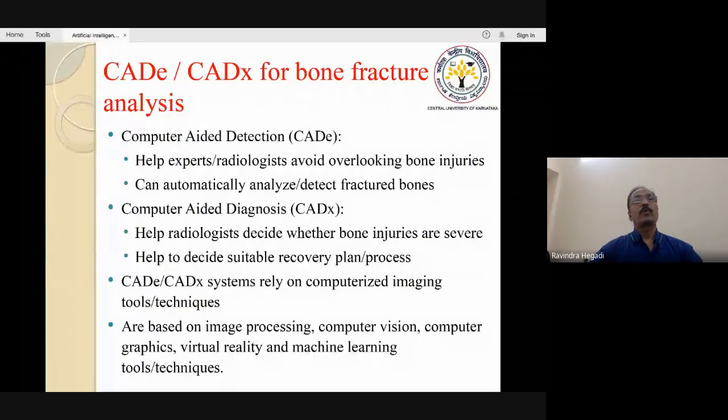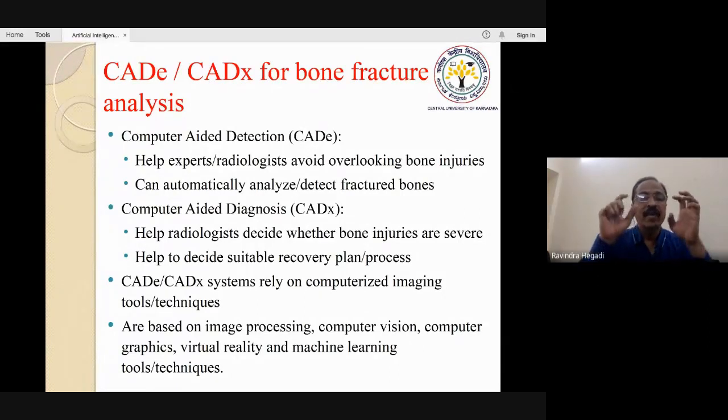Computer-aided detection helps experts or radiologists avoid overlooking bone injuries, in detecting where exactly the bone injury has happened and where exactly they have to conduct the surgery. It can also automatically analyze and detect fractured bones. It will provide a 3D view of where exactly the bone fracture has happened.